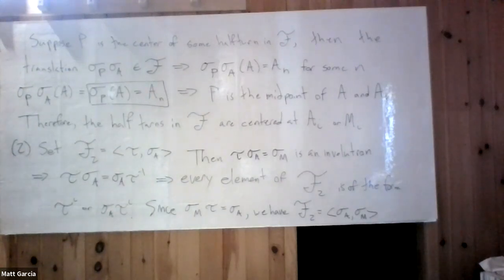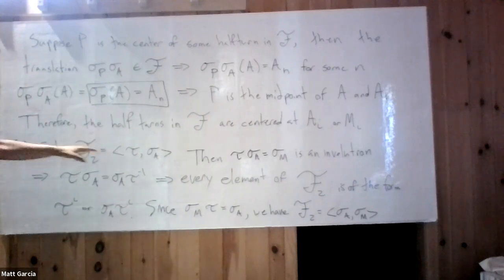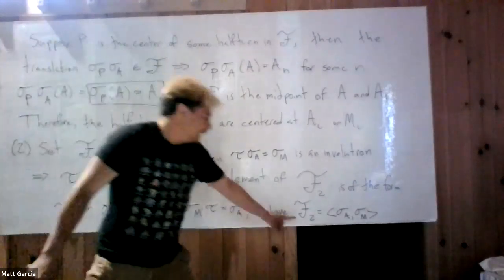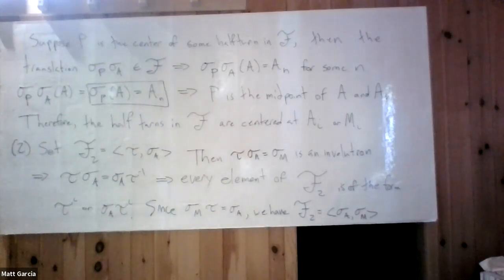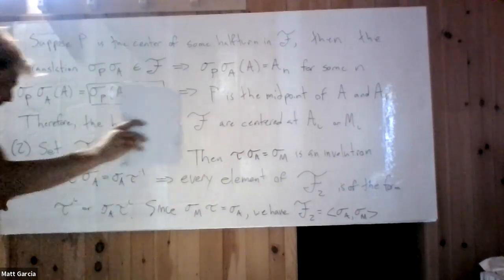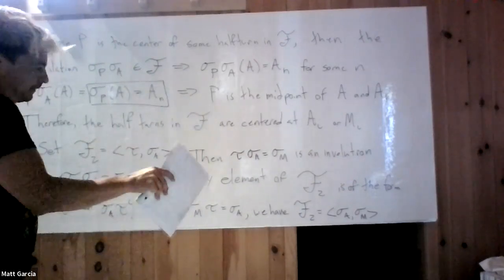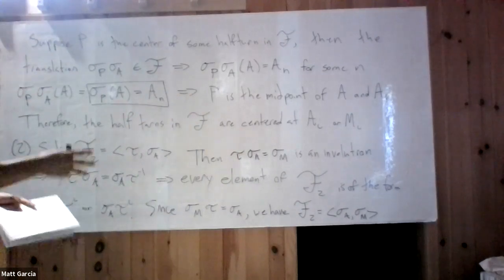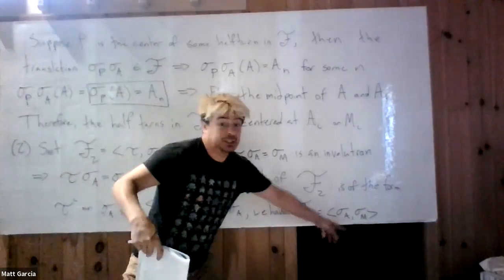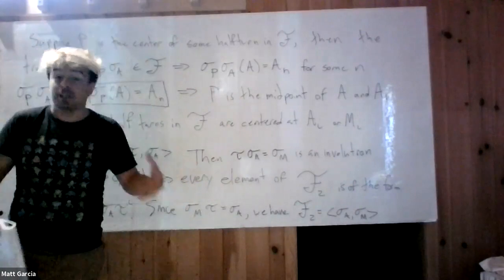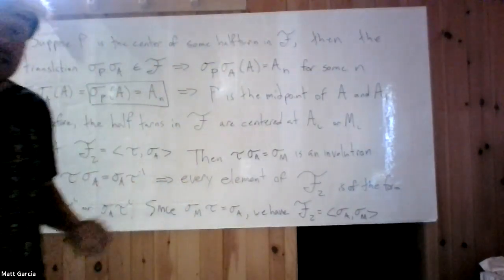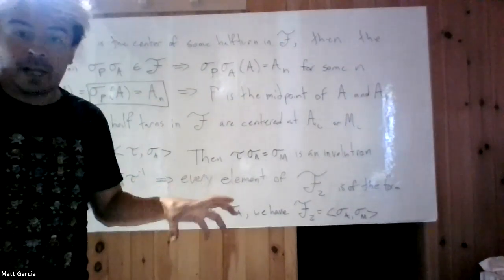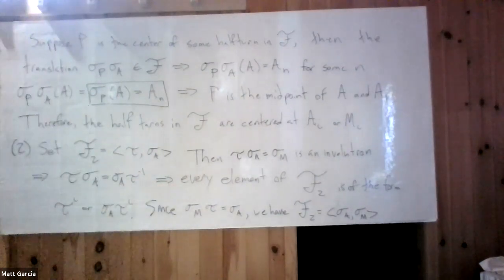Both of these are equally valid, but if you see a group generated by two half turns that lie on the same line, where one is the midpoint of the other, if A and M have this relationship that we set up in our notation in the beginning, then that is in fact a Frieze group, even though it's not explicitly generated by some translation.